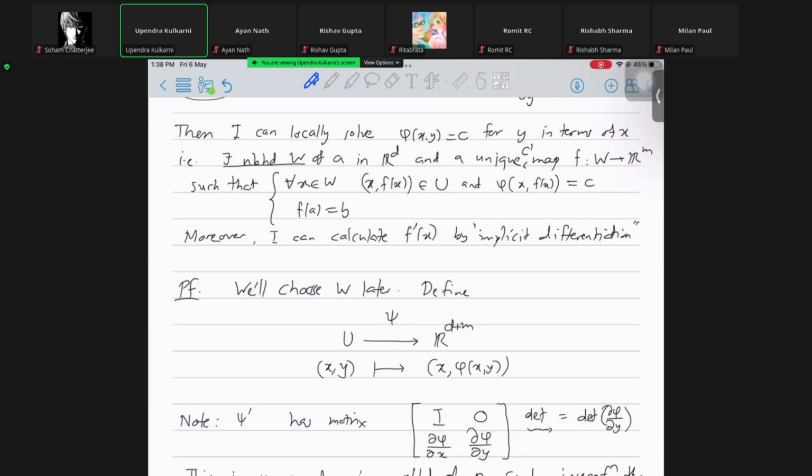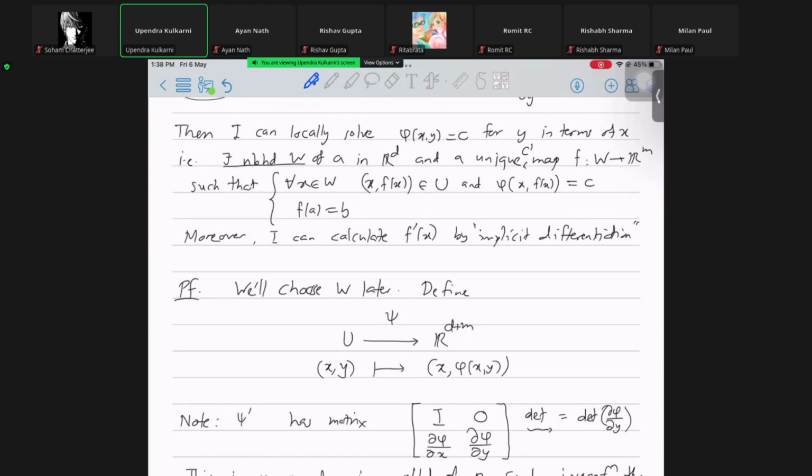That around every such point P, I have said that locally the solutions look just like an open set of RD. That means I have made this level set into a manifold.